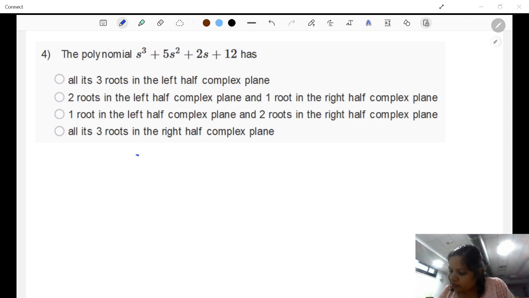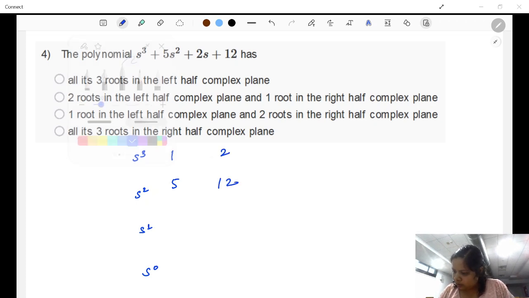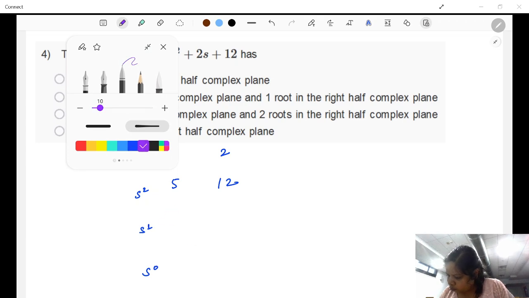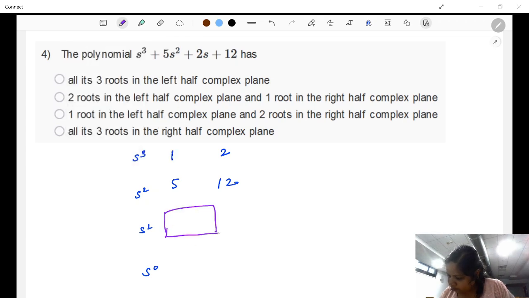I would urge every one of you to start solving this on your own, because I would not be constructing this Routh array. I expect the answer from the audience. You would have 1 here, 5 here, 2 here, 12 here. I need the answer for this element and this element.